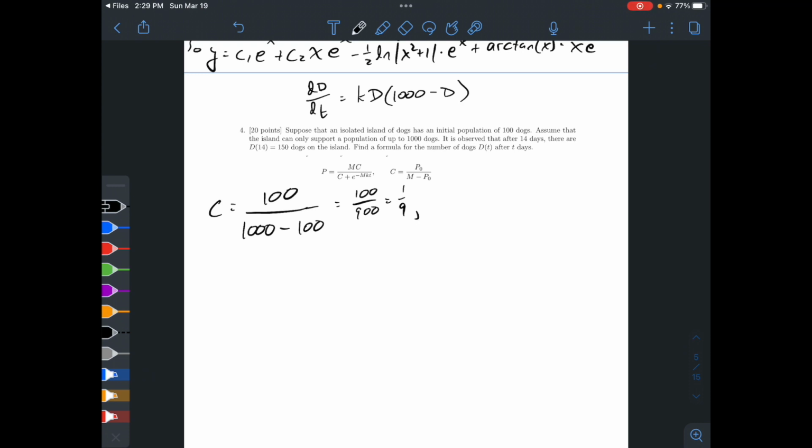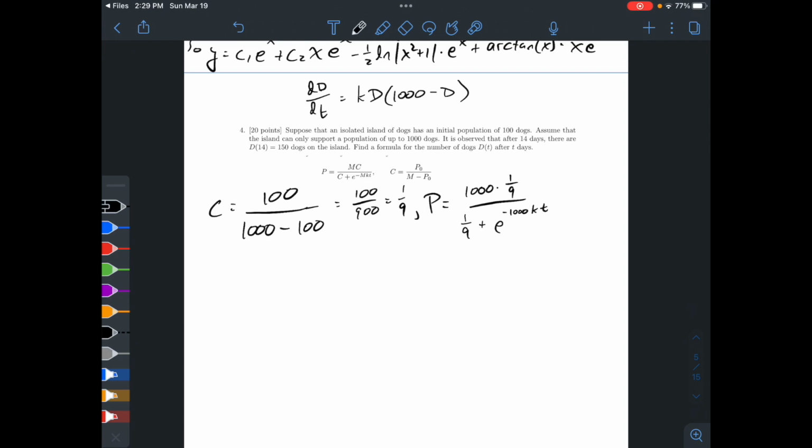So what's our population? It's equal to M times C over C plus e to the negative MKt. M again is 1,000. C is 1 over 9. And M is 1,000, so 1,000 kt.